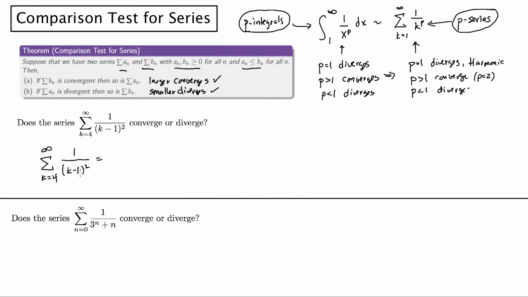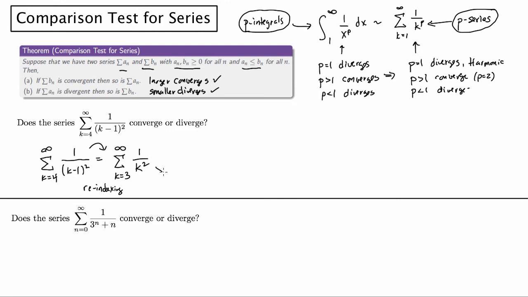And so I'm going to make it 1 over k squared by adding 1 to the k inside the term, so I have to subtract 1 from k in the index. And so reindexing, this is the same as this sum. These are both the same. So going from there to there, I'm just using the property of reindexing to do that.